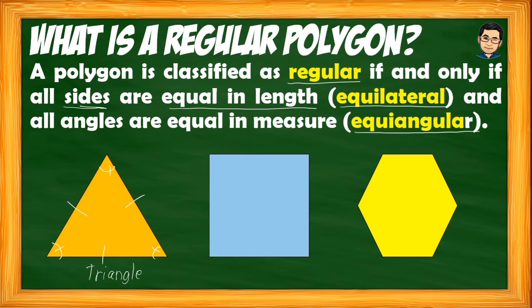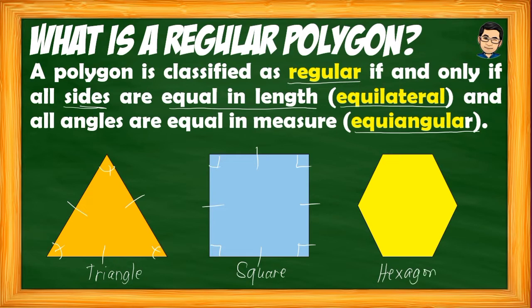polygon. And then, yung ating next figure, this is a square. Dito naman, all sides are equal, of course, as well as yung mga angles. Lahat ng angles ng isang square ay 90 degrees. So, right angles po lahat yan. And then, yung ating last figure, this is an example of hexagon.